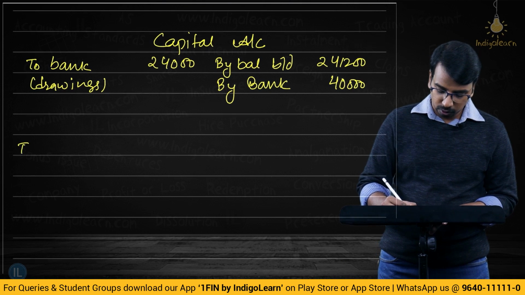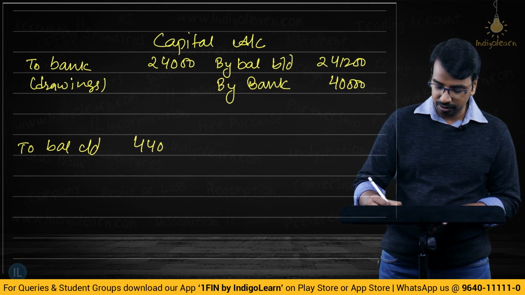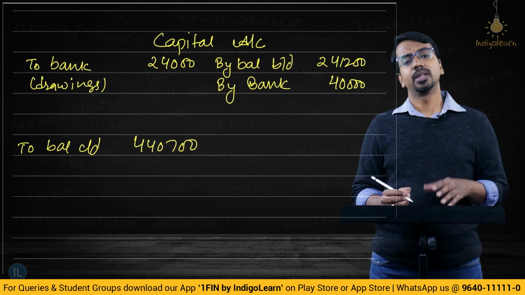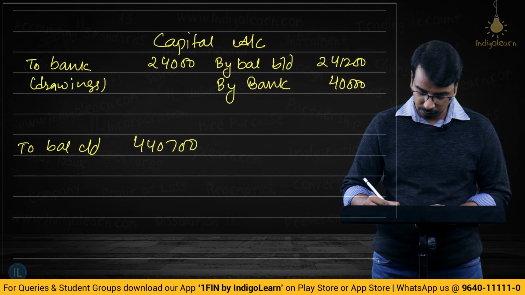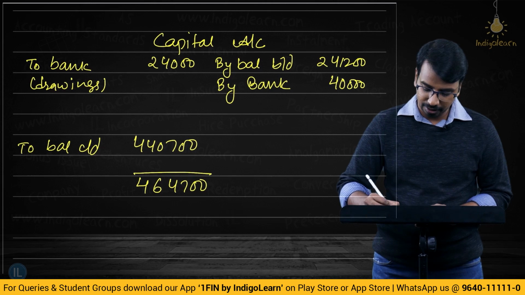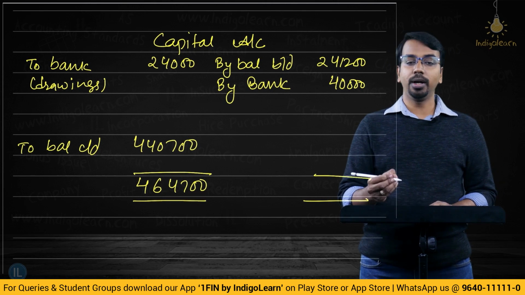We know the closing balance, the balance carried down, is 4,40,700. Then, what is the difference if you see? 440,700 plus 24,000 is 464,700 on one side. On this side you have only 281,200.